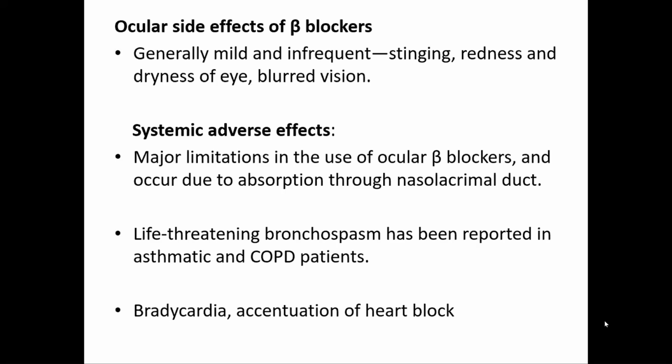However, systemic effects occur usually by the absorption of this drug through the nasolacrimal duct. So when the topical beta blocker is given via eye drop, some of the drug can be absorbed via the nasolacrimal duct, which can cause systemic adverse effects.